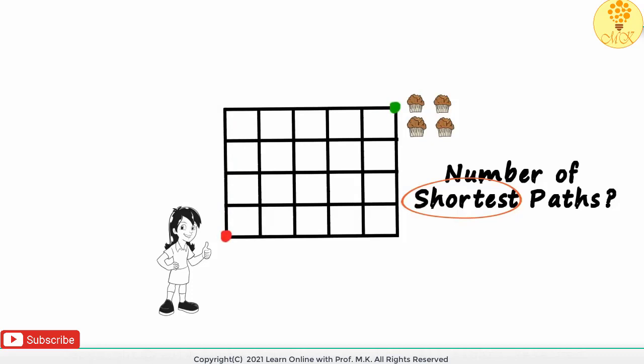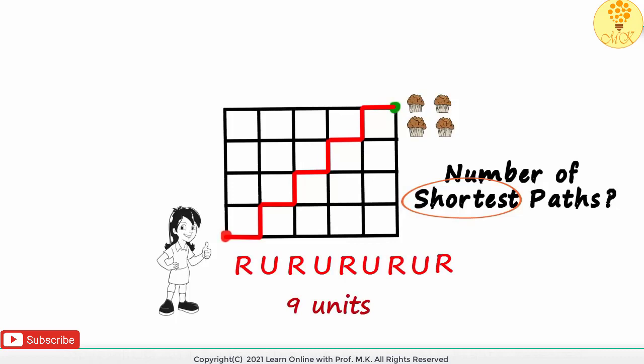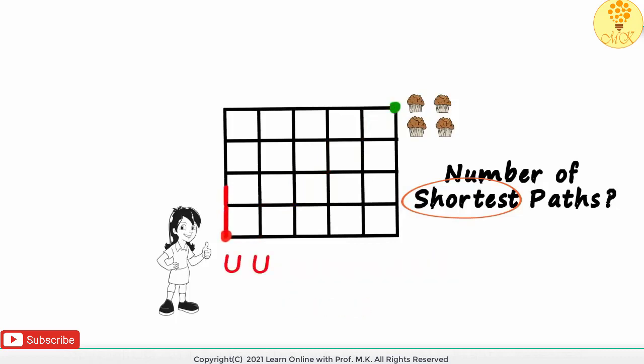To know if this is true, let's take a random path from inside. Right, up, right, up, right, up, right, up, and right. We covered 9 units length when we took this path. Let's take another random path. Up, up, right, right, up, right, right.